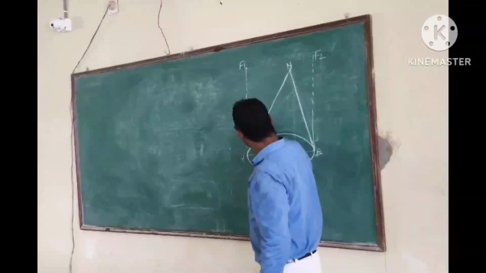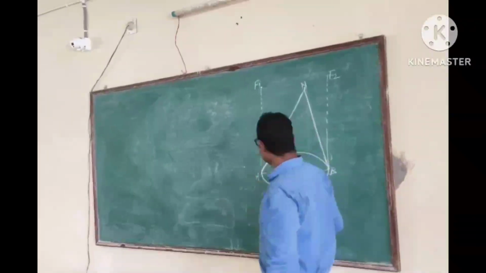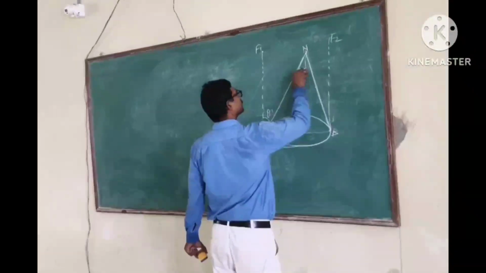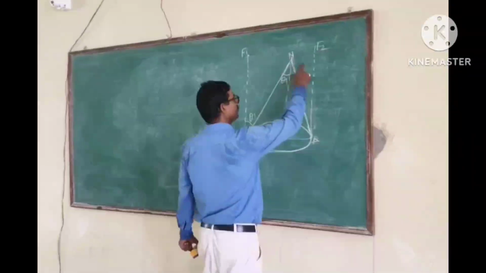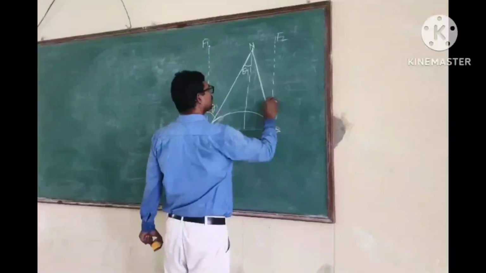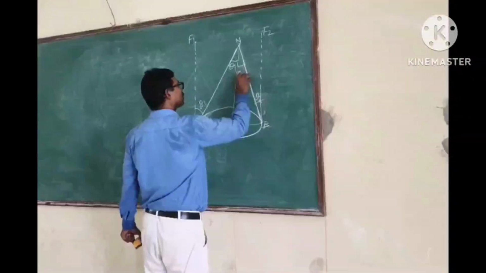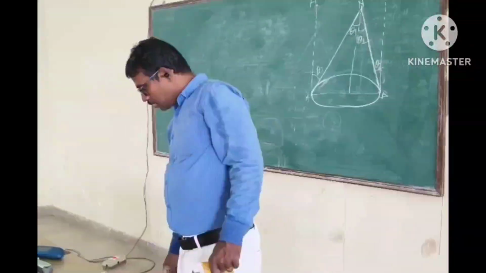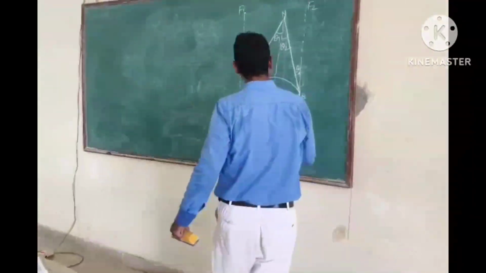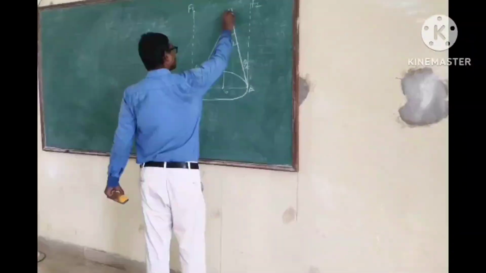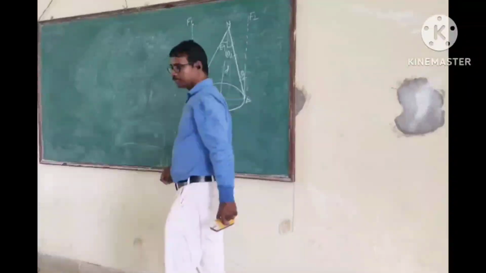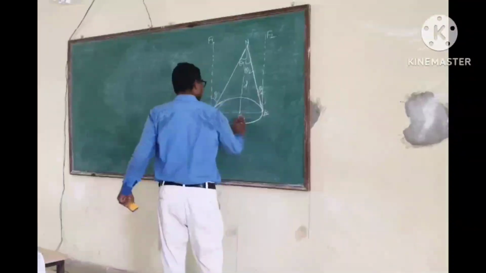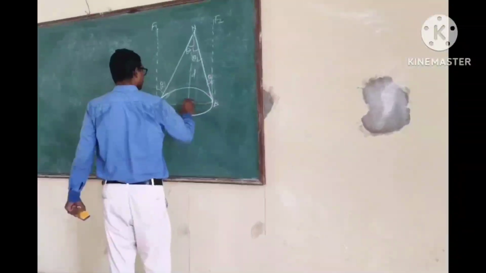Suppose this is theta 1, and alternately it produces angle theta 1. At the same time, for F2 it is theta 2, and it also makes theta 2. And the distance of this position, S to M, is D, and this is the condition.